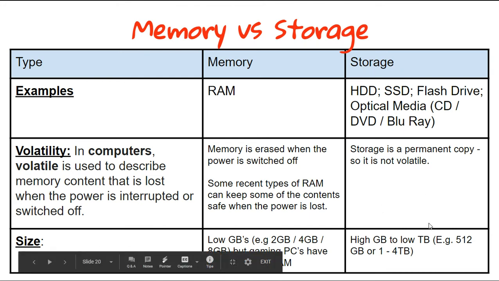Storage, however, if I've got a hard drive, we're looking at high gigabytes to low terabytes. So I've probably got 512 gigs, 1 or 4 terabytes of storage. If I've got a solid state drive, I'm probably looking at 240 gigs of SSD storage.